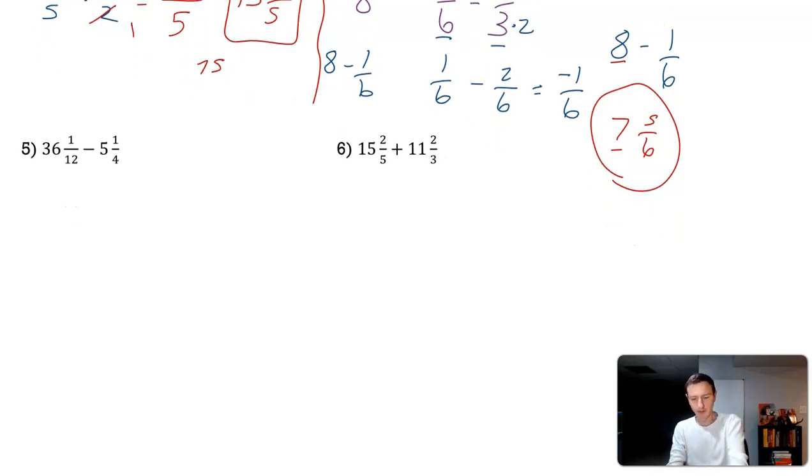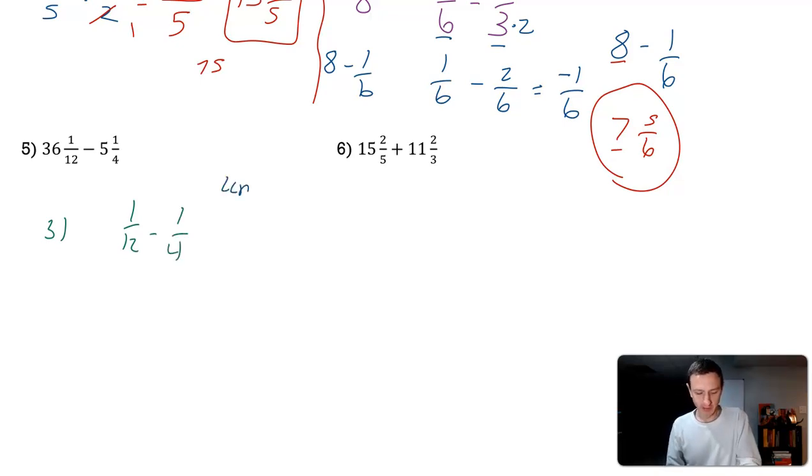Okay, let's continue on. So number 5, 36 and a 12th minus 5 and a 4th. So I'm going to do 36 minus 5, which is 31. Then I'm going to do 1/12 minus a 4th. LCD is 12, because 12 goes into 12, 4 goes into 12. So I'm going to make this 12 by multiplying by 3.